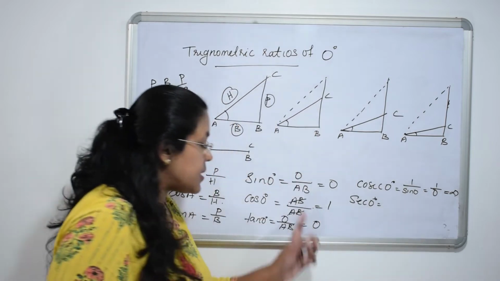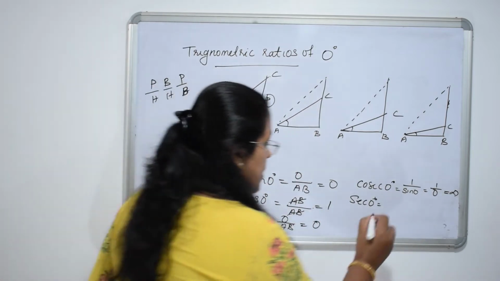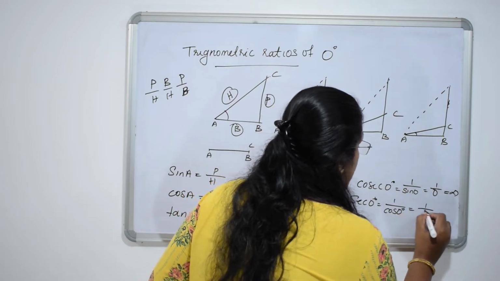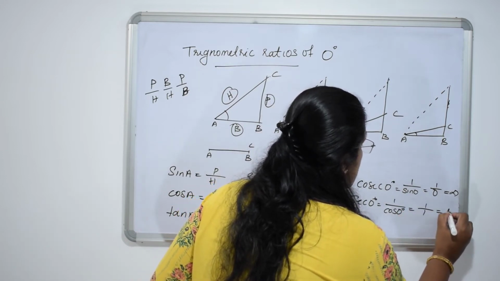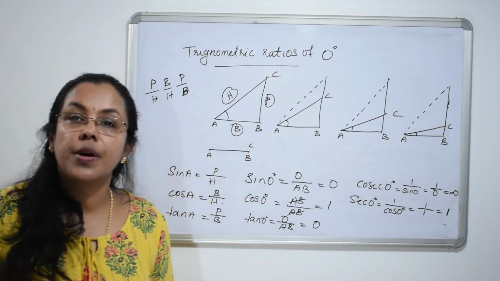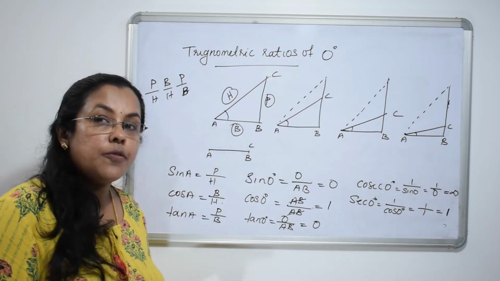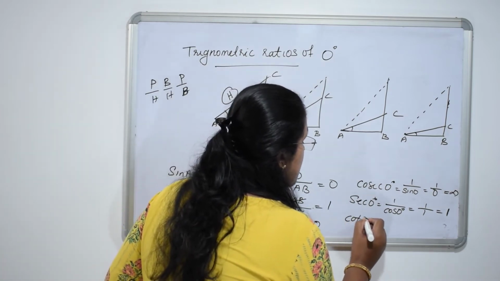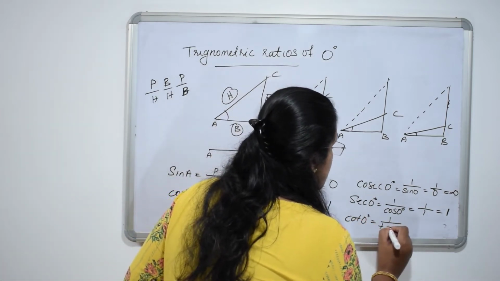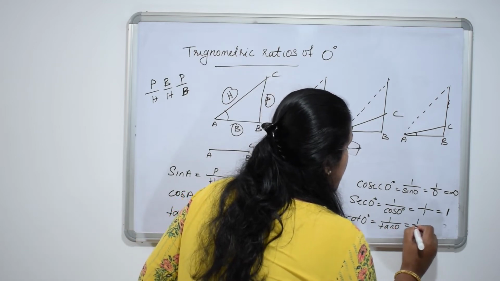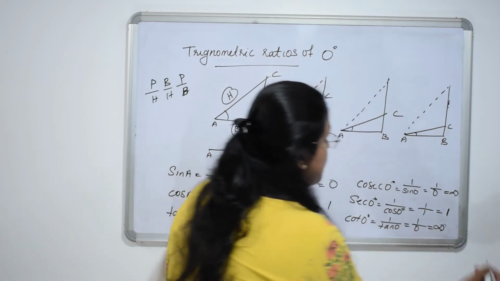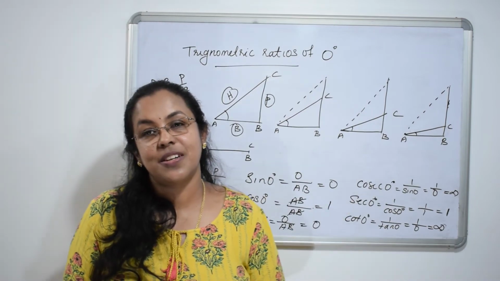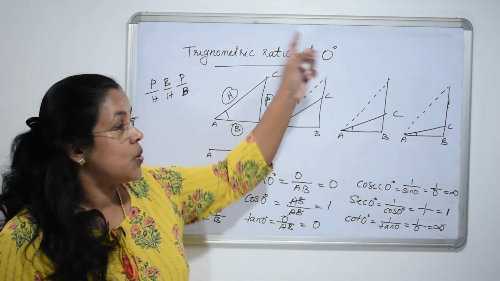Sec 0 is the reciprocal of cos 0, that is 1 by 1, that is equal to 1. Value of sec 0 is equal to 1. Value of tan 0 is 0. So what about the value of cot 0? Cot 0 is equal to 1 by tan 0, again 1 by 0 which is not defined, we can write it as infinity. So these are the trigonometric ratios of 0 degree.